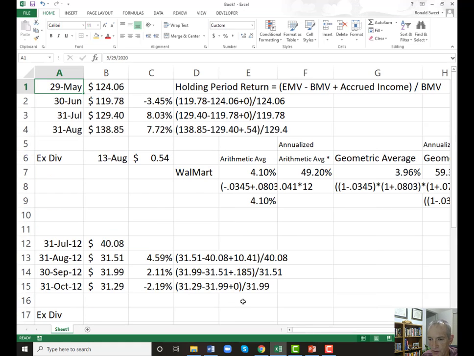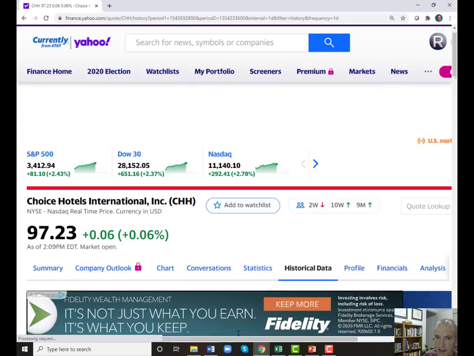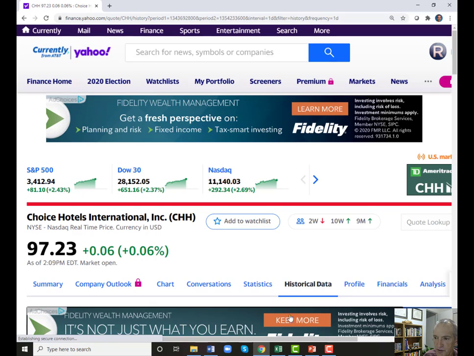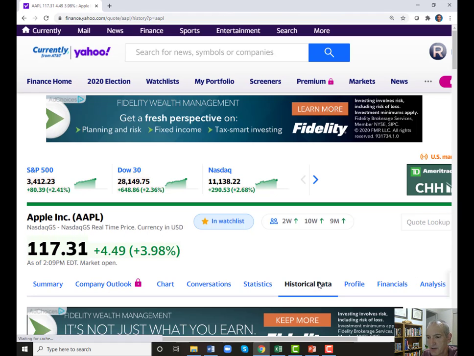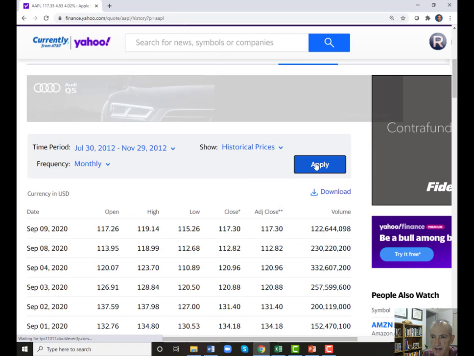All right, so what I want to do is go back to the internet, and I want to bring in, wow, Apple's been doing so incredibly well. Let's bring up Apple stock, and we'll bring in its historical data. But what I want to do is bring in monthly data and hit apply.